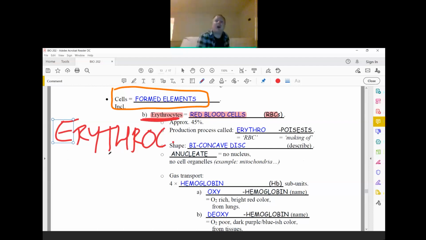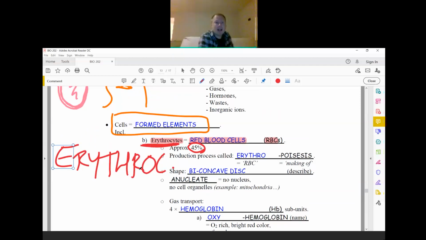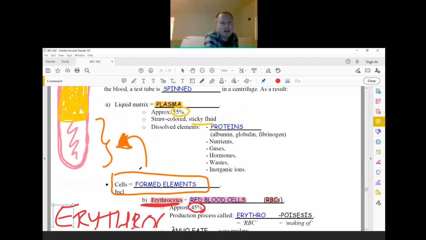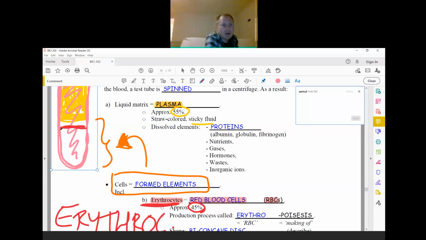And erythrocytes make up about 45% of the total volume of the blood. So we can add the red blood cells on this diagram that we had here. Almost the rest that's in this test tube is going to be red blood cells. And red blood cells are the heaviest out of all the things that we see here.